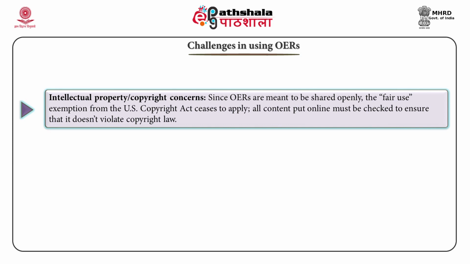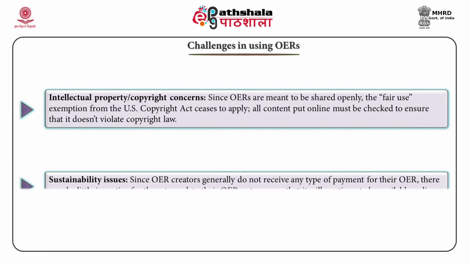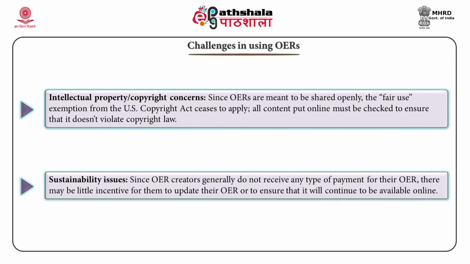All content put online must be checked to ensure that it does not violate copyright laws. Sustainability issues. Since OER creators generally do not receive any type of payment for their OERs, there may be little incentive for them to update their OERs or to ensure that they will continue to be available online.